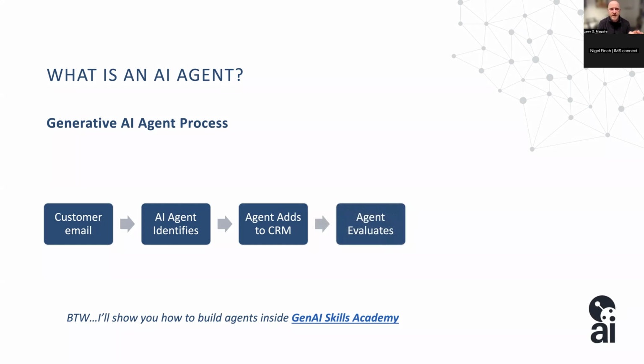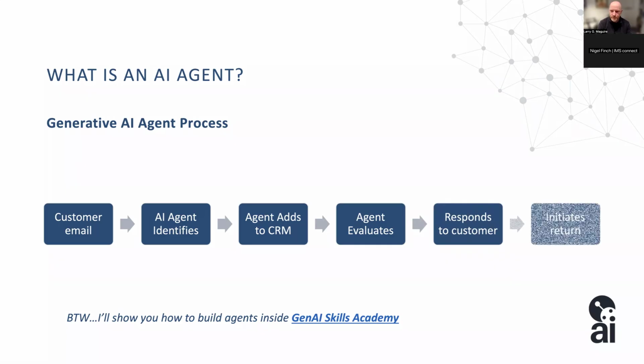It may evaluate the nature of the query and choose a way to respond to the customer, based, again, on its training data, and then initiate a return. Let's say they were seeking reimbursement for a product or returning a product. The AI agent can do all of this on your behalf. Previously, this was all very human-centric. And you do lose something in this when you're using AIs for this, and it will get things wrong. So be aware of that.